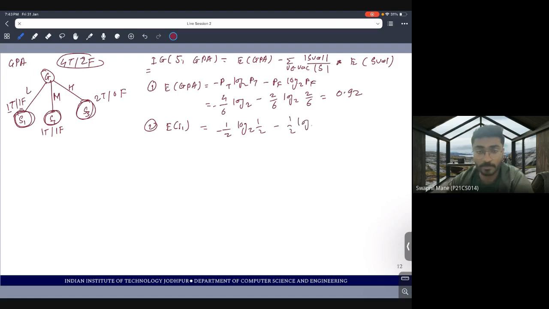This is a 50-50% split, so what is the answer? Sorry, the entropy is 1 at that time.